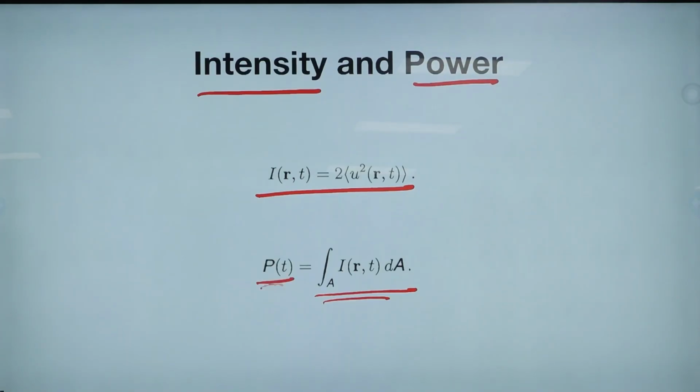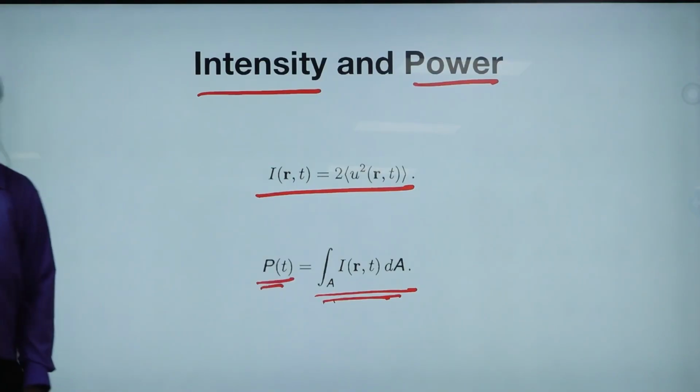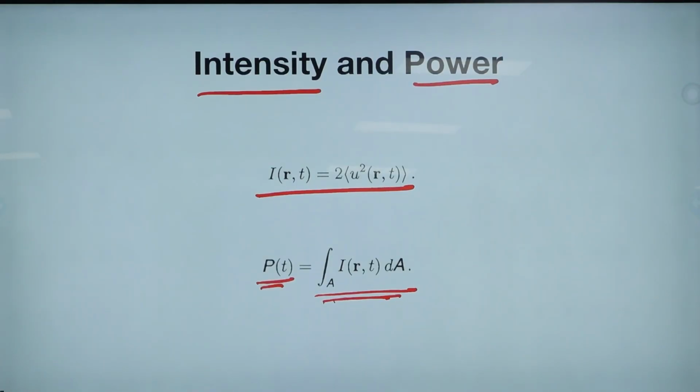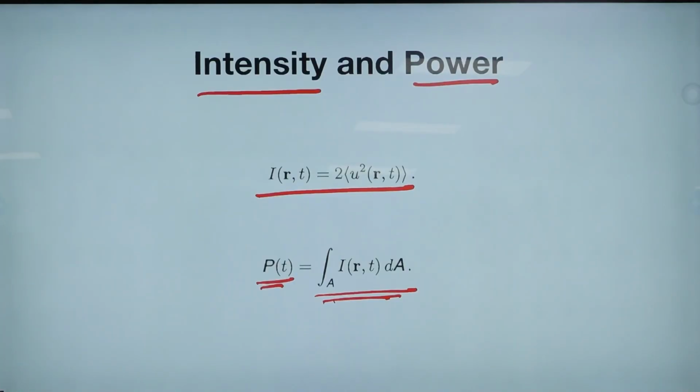So the power P of t is an integral over the area or space, which gives you a function of time: how much power there is in that wave at any instant in time. If you integrate the intensity, you will get this number.